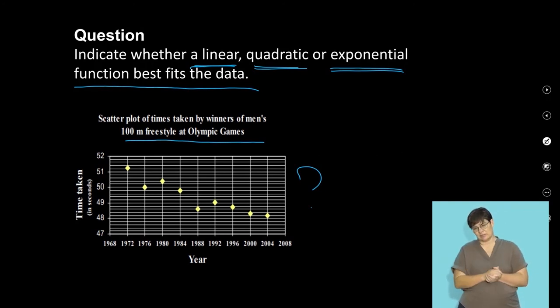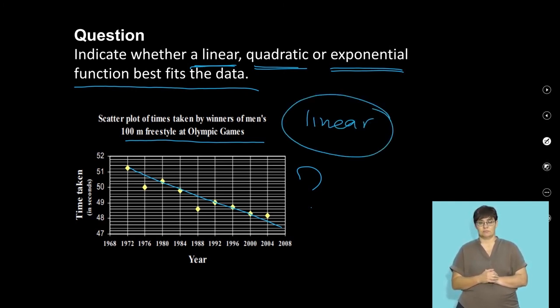Why not exponential? I'll go with a linear because a linear will capture most of the points on our data set. So there's a linear relationship here. Linear, okay, that's what we'll go with. Are we together? Okay, good. Let's look at the next question.